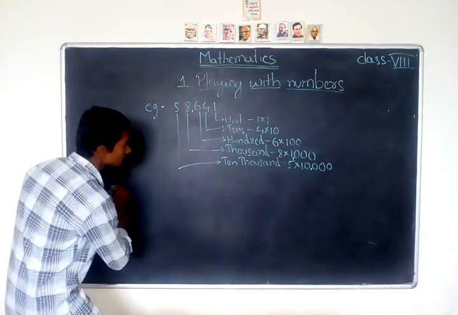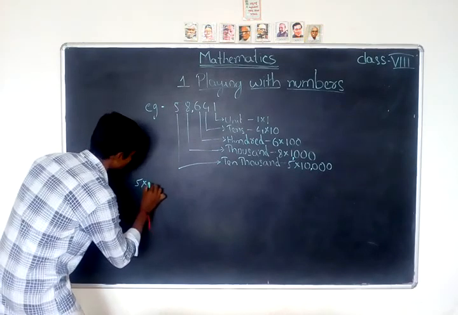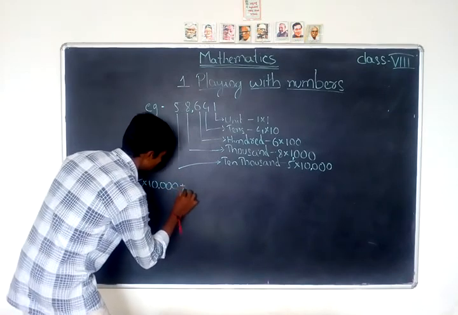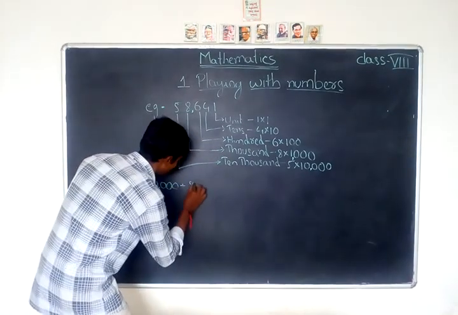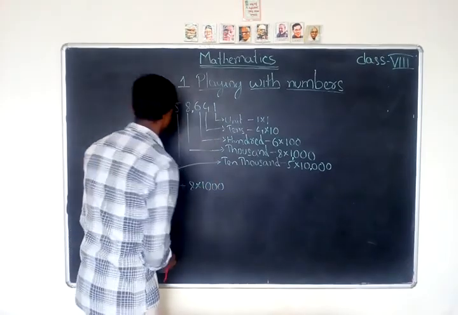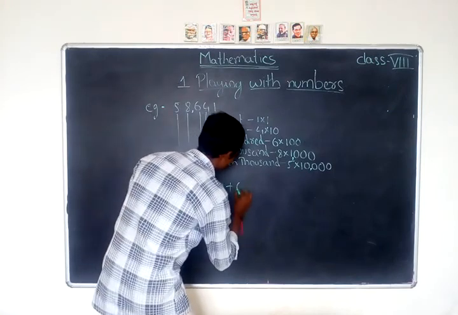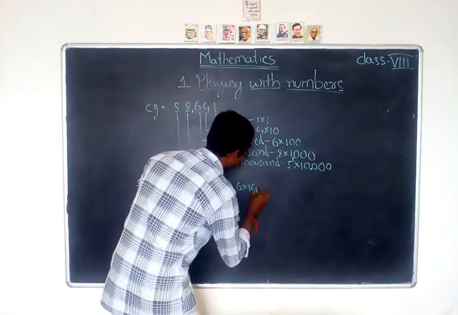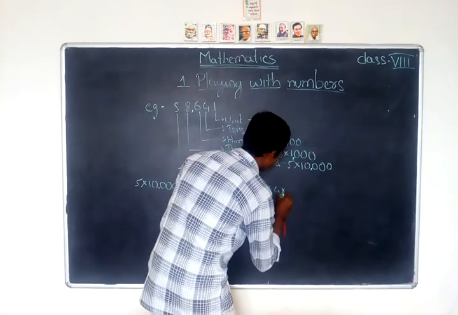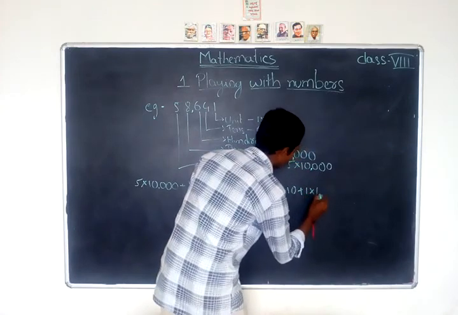That is, first is 5 into 10,000 plus 8 into 1000 plus 6 into 100 plus 4 into 10 plus 1 into 1.